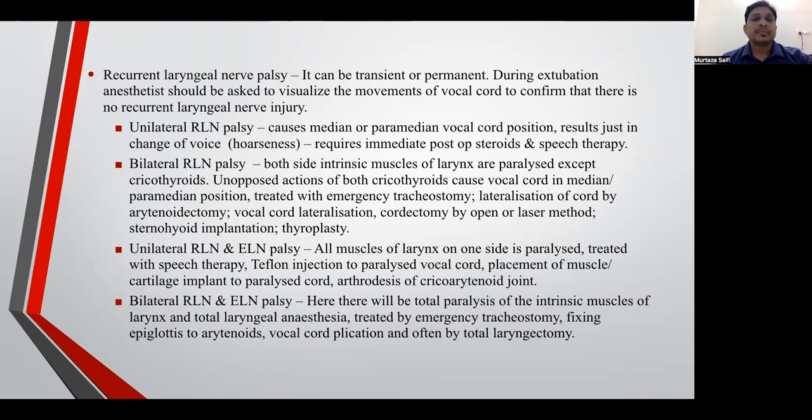Treated with speech therapy, Teflon injection to the paralyzed vocal cord, placement of muscle or cartilage implant to the paralyzed cord, and arthrodesis of the cricoarytenoid joint.